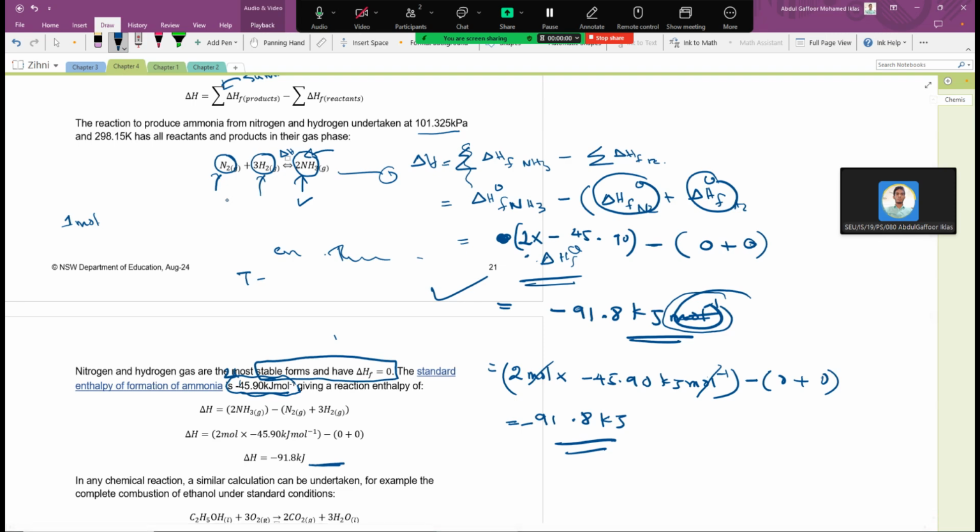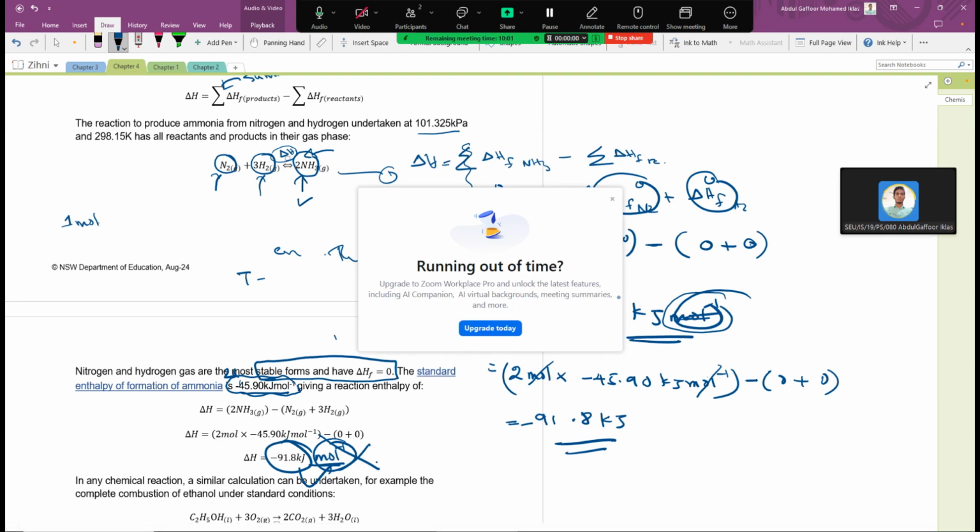Because this enthalpy is not defined for 1 mole, it is a general value. So we don't need to put mole minus 1. If you put mole minus 1, then it's wrong. Because we are defining this amount of energy is released for mole minus 1, but we cannot tell because we have a collection of substances. So a collection of substances cannot be expressed in terms of mole, right?